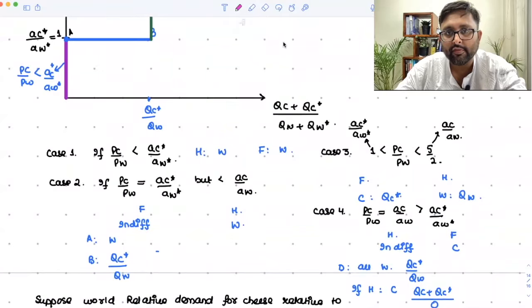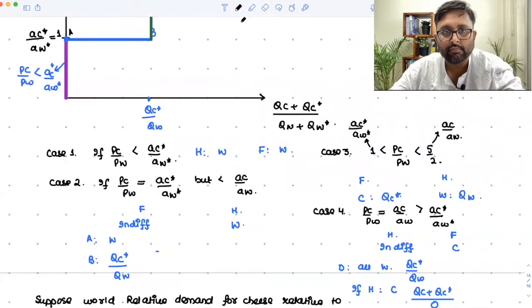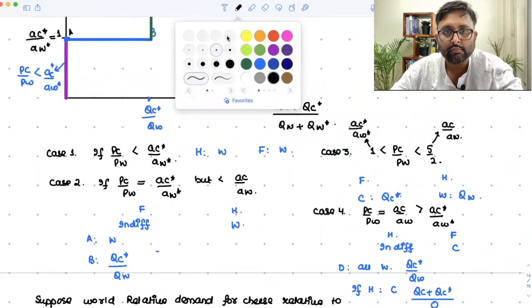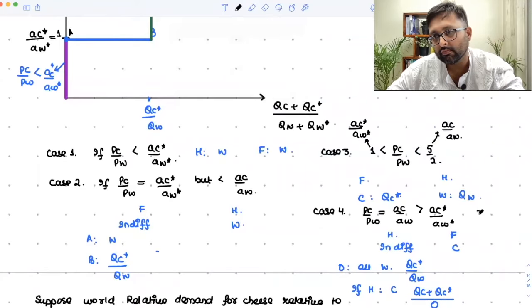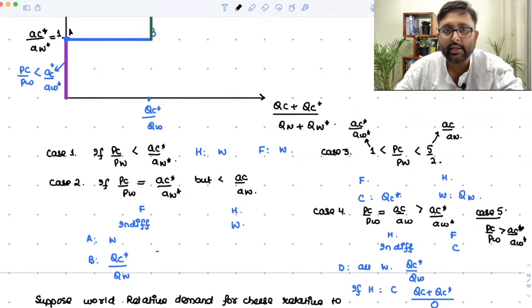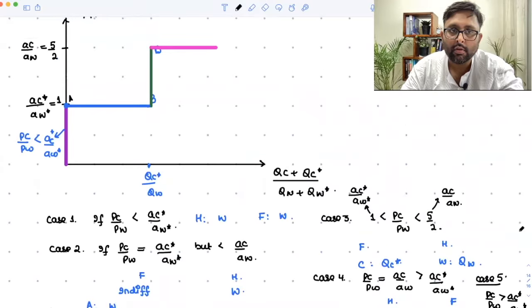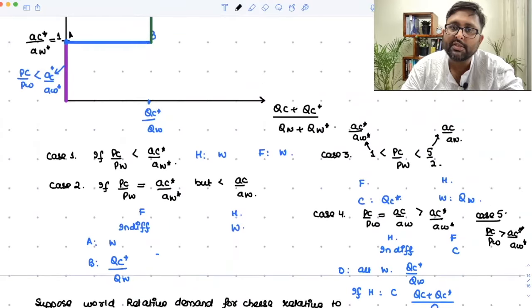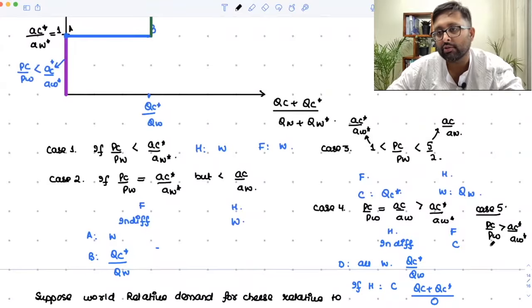And then case 5, we should write that. PC by PW greater than AC star by AW star. Then both countries will be specializing only in cheese production.